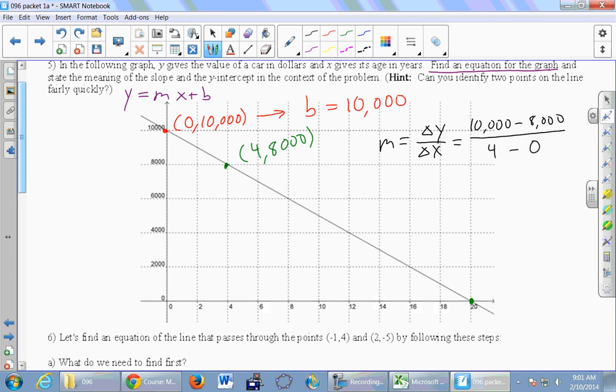So that's a nice quick check to make sure you didn't make a mistake. But yeah, if I do 10,000 minus 8,000 in that order, I am forced to do 0 minus 4 in that order. So let's fix it. 0 minus 4. So the slope is negative 500.